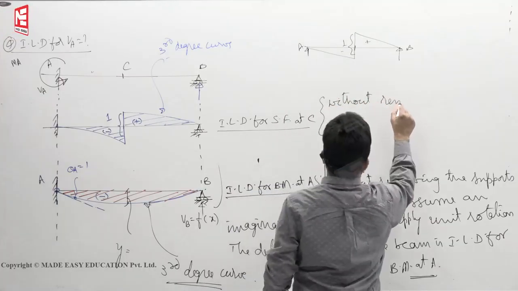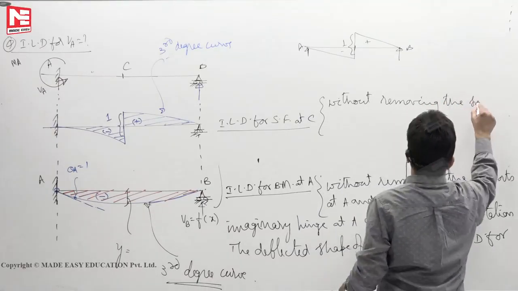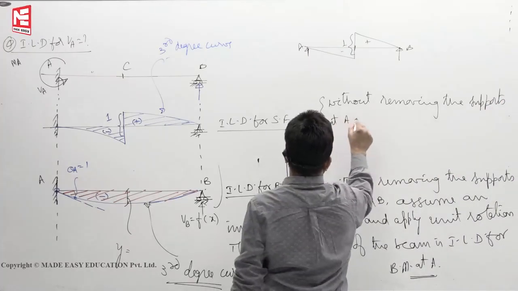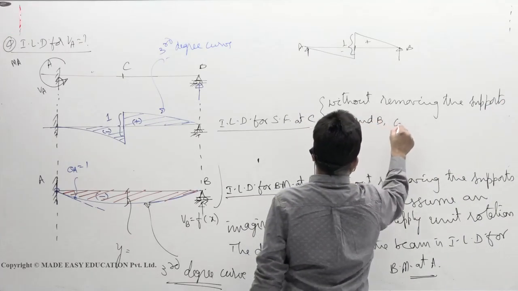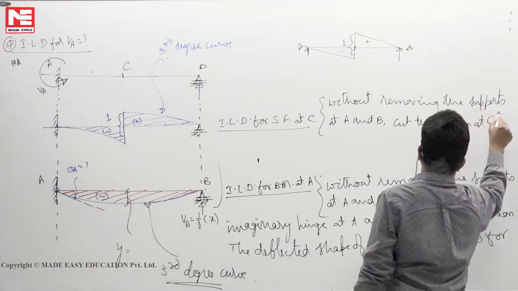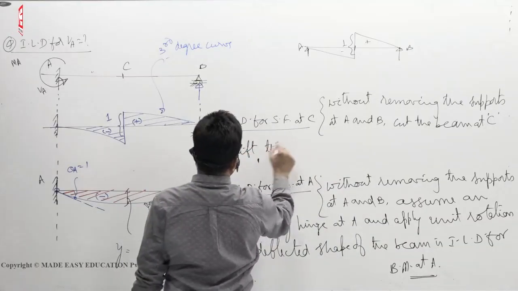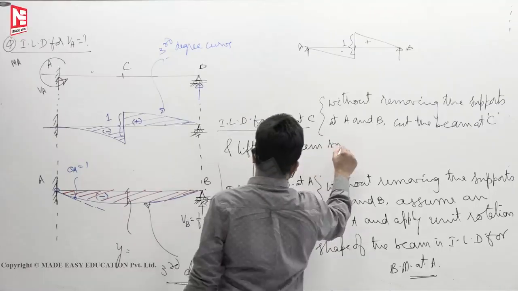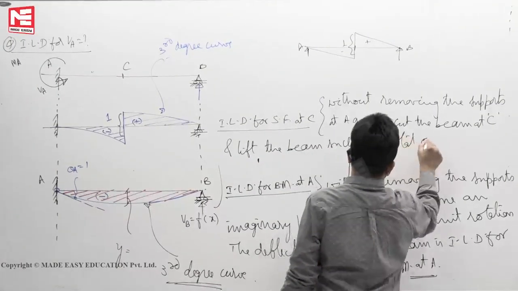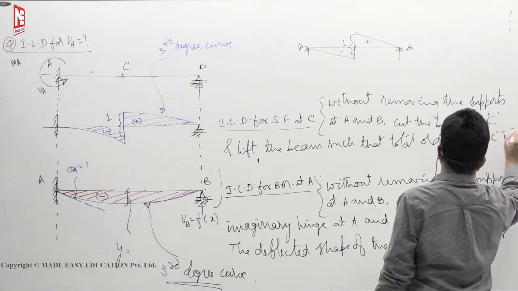Without removing the supports at A and B, cut the beam at C and lift the beam such that the total ordinate at C is 1.